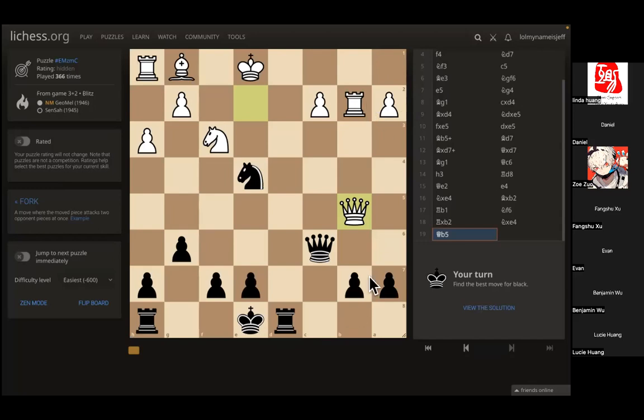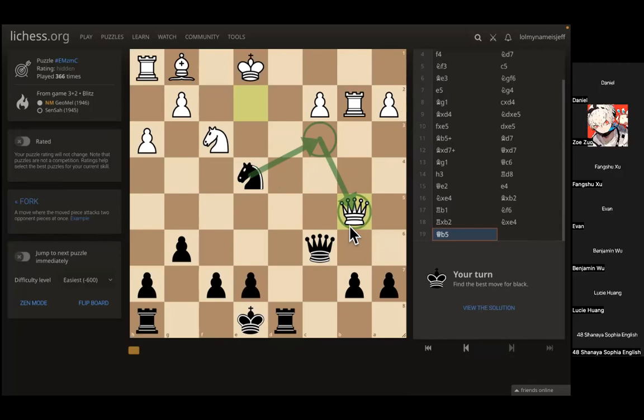Great try. It does attack the queen from c3, but that only attacks one piece, and usually in a fork we're trying to attack two pieces at the same time. When the knight is on c3, it's only attacking the queen, and white has a lot of choices there. White can trade queens if they want to. So knight c3 isn't the best move, but that's a great try.